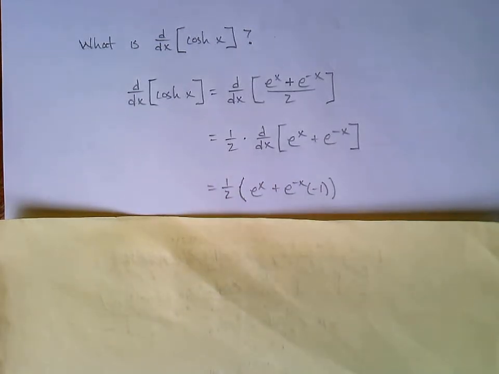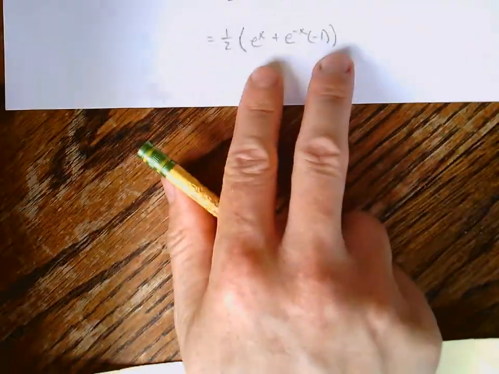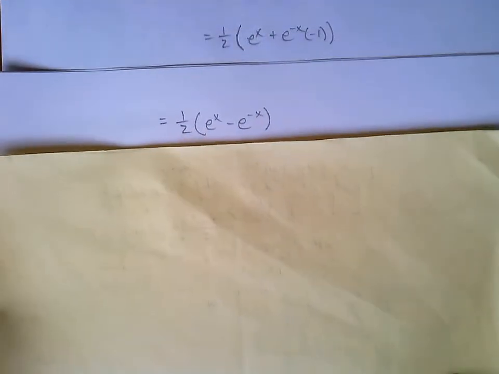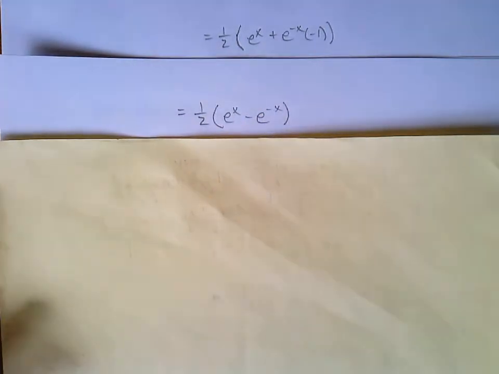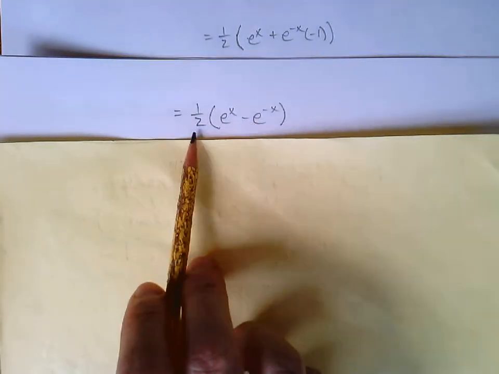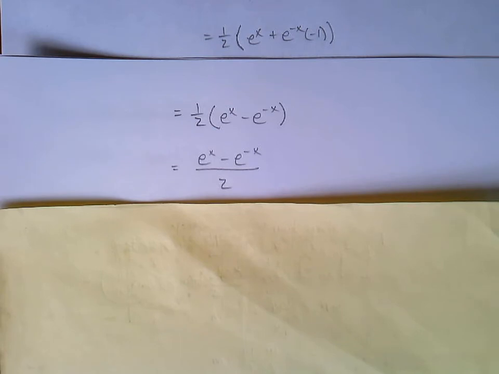Well, we can just think of that as minus e to the negative x. Okay, let's put the 2 back under. Now, what did we get? Is it negative hyperbolic sine?